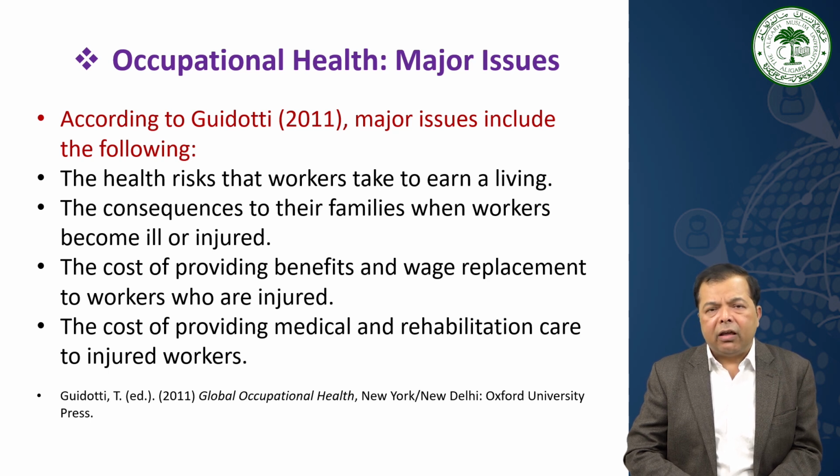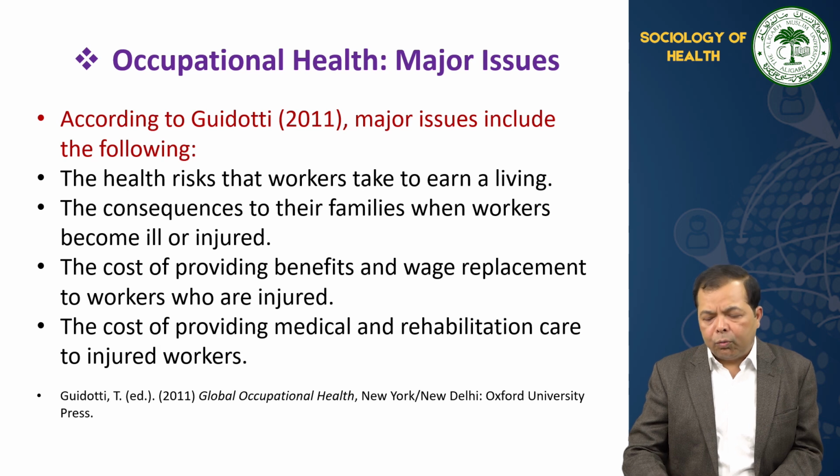And in case there is a serious injury or impairment, then whatever the financial requirements will be there, those should be taken care of. If these issues could be addressed, then the occupational health needs have been considered to be addressed.